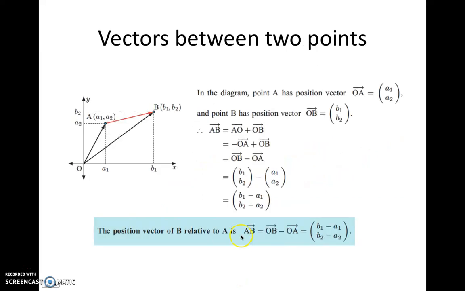Vectors between 2 points. Say you have the vector OA going there, and OB going there, and you want to try and find the vector between A and B. AB, which is what you use to describe this vector, is equal to AO.